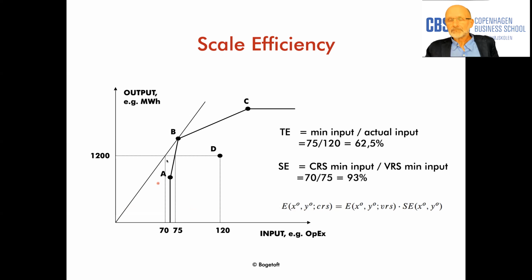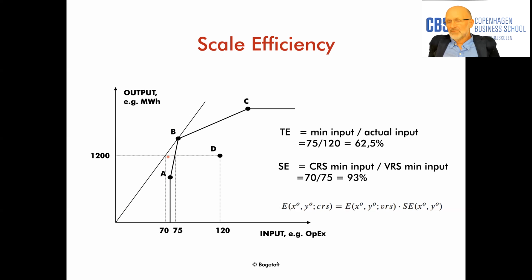Okay. So we have this new notion of scale efficiency, and you get this decomposition that the efficiency according to the CRS technology, this one here, is the efficiency according to the VRS multiplied by this extra saving you can get from this point to this point.